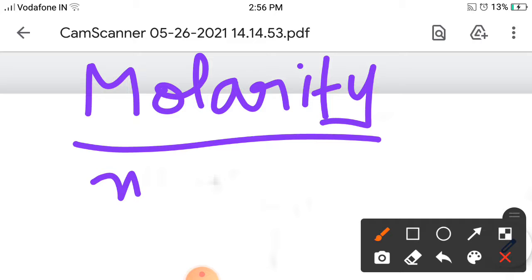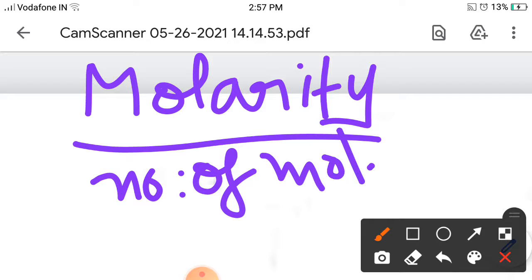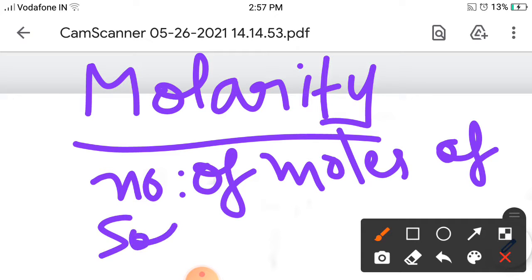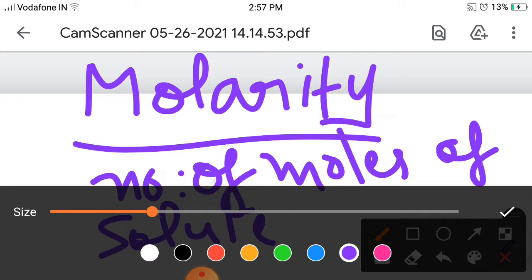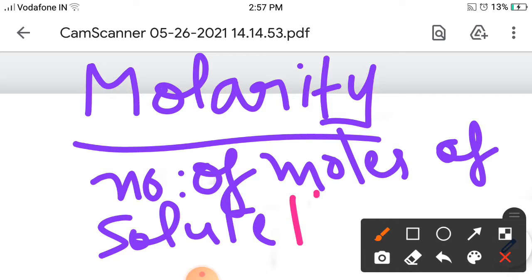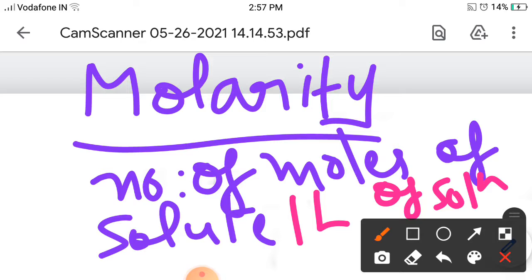Concentrate on this term, the number of moles of solute in 1 liter of solution.